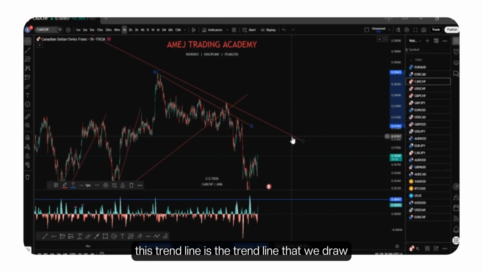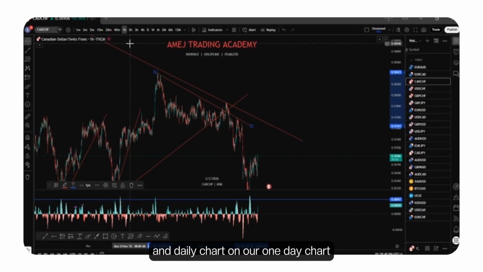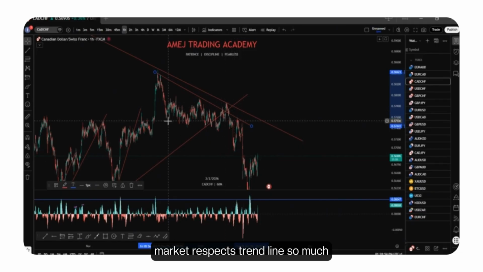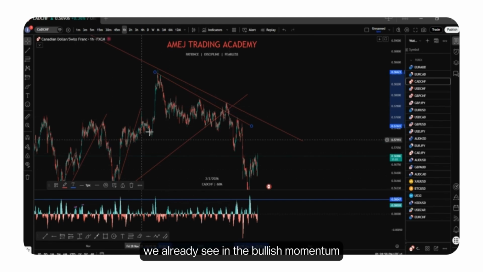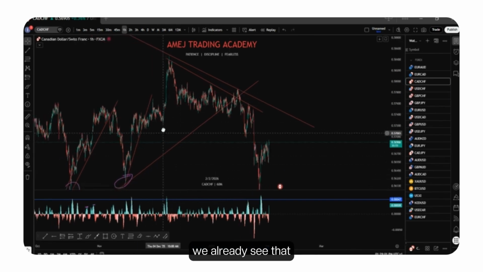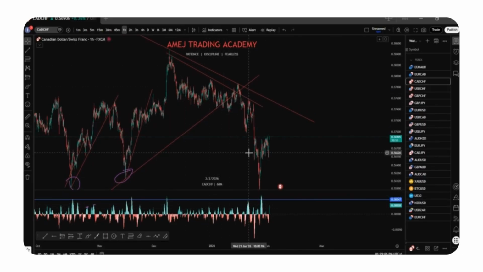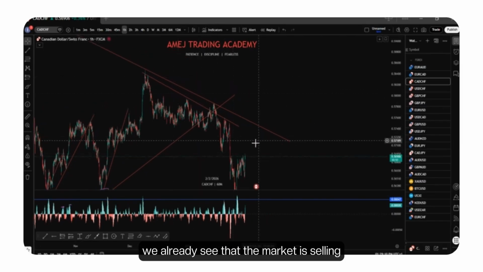If you remember, this trend line is the trend line that we drew on our 1 day chart. The market goes back and touches it, then it comes back. The market respects trend line so much. Before the market gets there, we already see in a bullish momentum that we're already losing momentum. The market is going to sell. We already see that the market is selling.